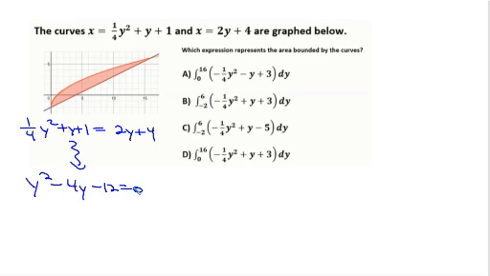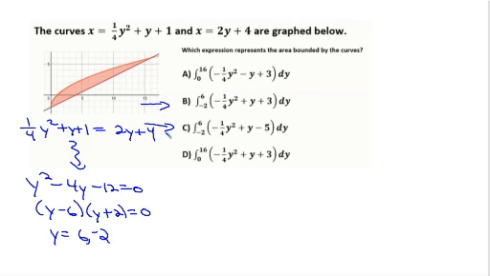That factors into y minus 6 times y plus 2. So my two y coordinates are 6 and negative 2. All right, so that narrows it down to either this one or this one.